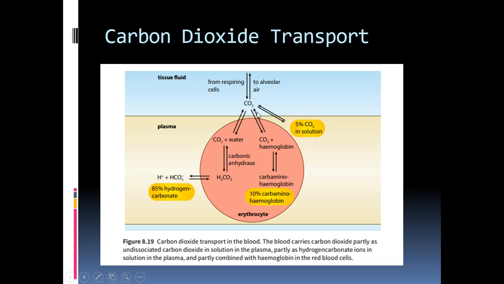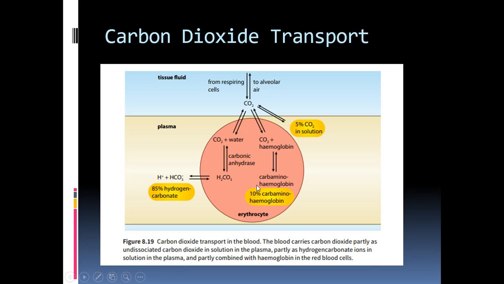Then there is also some carbon dioxide that will move into the RBC and combine with hemoglobin to form carbaminohemoglobin.